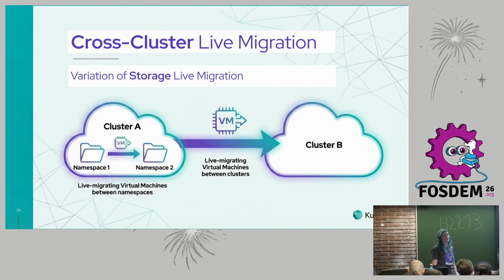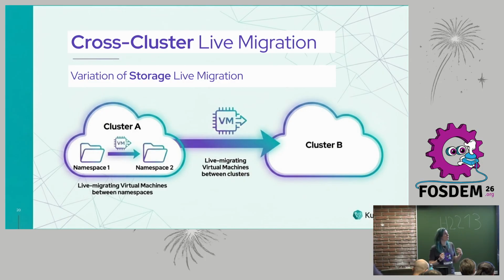So this was the why. And now let's talk about the essence of cross-cluster live migration. It appears that cross-cluster live migration is just a variation of storage live migration. Let me explain why. You still need to move your VMI from one node to another.